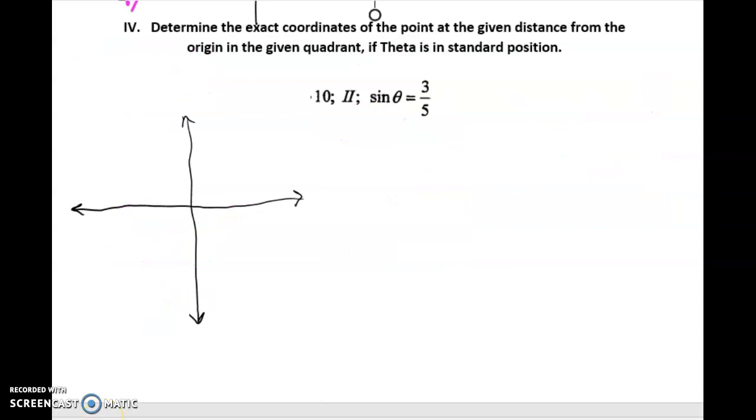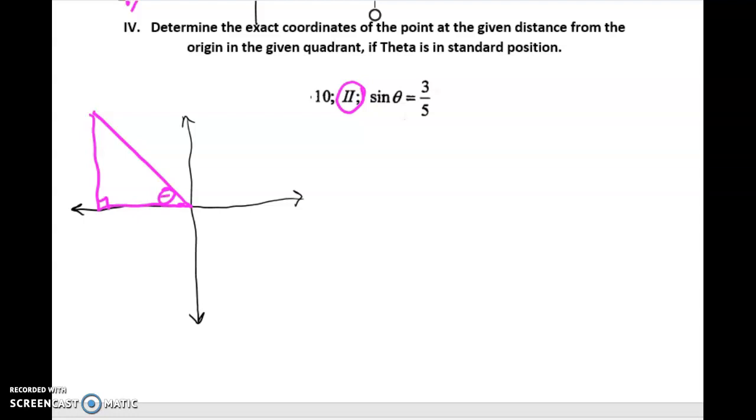The last section says determine the exact coordinate of the point at the given distance from the origin in the given quadrant if theta is in standard position. Okay, so we have a quadrant 2 angle, so we'll draw an angle in quadrant 2, and we drop down, make a 90 on the x-axis.